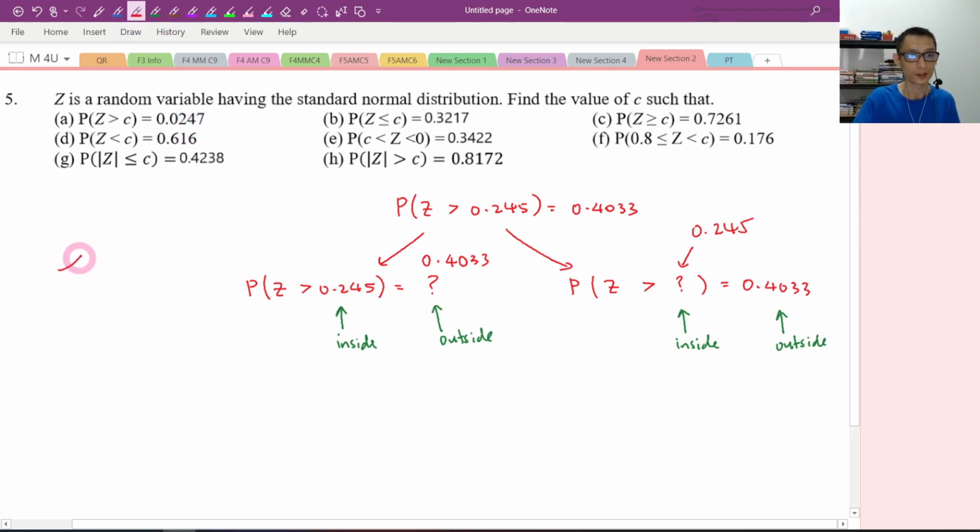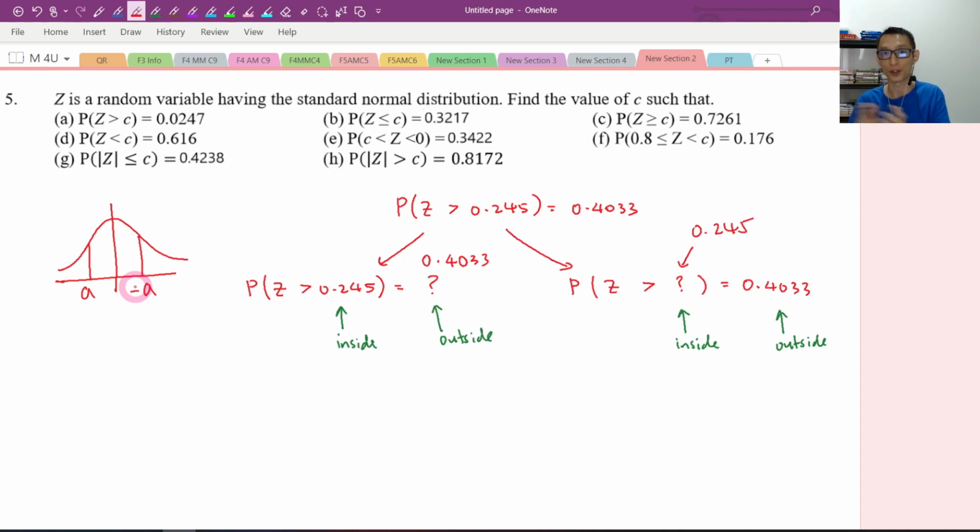Let's say you have a scatter diagram like this. If this is A, you reflect it to the other side, what will this be? It will be negative A. Whenever you reflect a number from left to right or from right to left, you just add a negative to it. You might get confused.